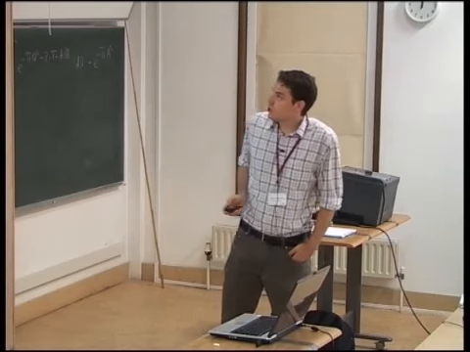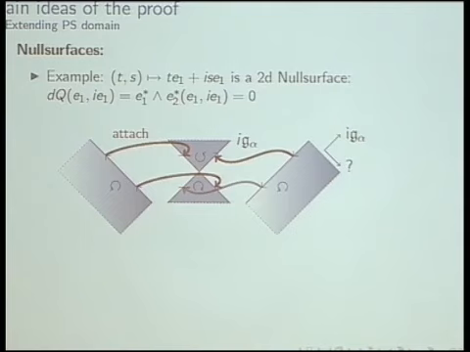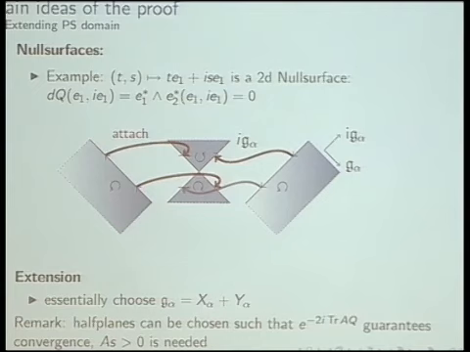And if I show you again the picture of these cones with the attaching of the half planes, you note that this boundary is given by I times G alpha, then it should be immediately clear that this direction you have to choose for the half plane here. This is I times G alpha, and the other direction should just be G alpha for this to be a null surface.